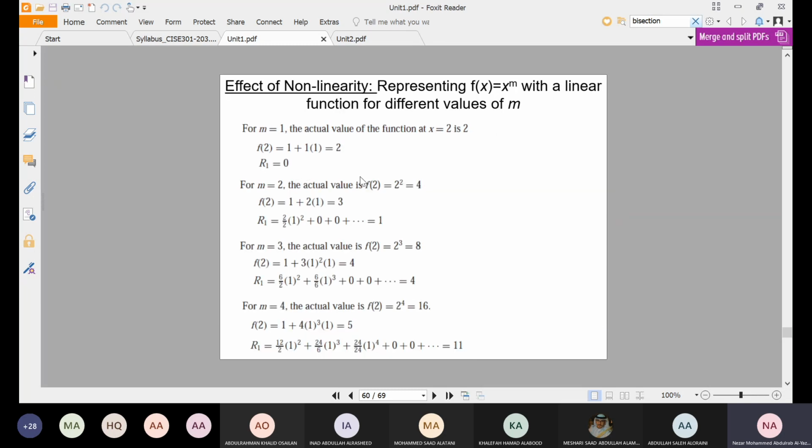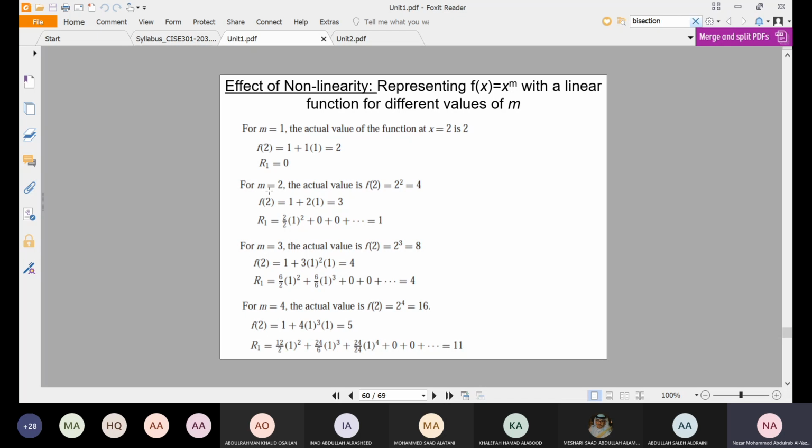So the function at x_{i+1} is equal to f of x_i plus the first derivative at x_i multiplied by h, and h equals 1, and the first derivative is equal to 1. So the difference, the truncation error between the true value and the estimation, is equal to 0, because the true value is equal to 2. So the remainder is equal to 0.